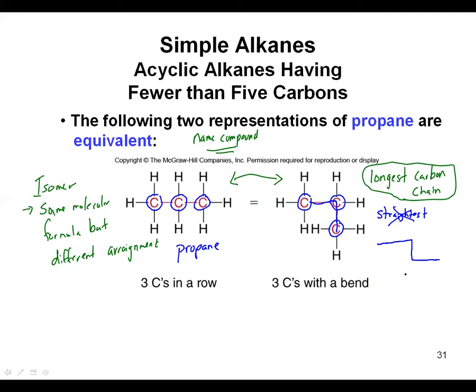You can't go down and then come back up and go backwards and then go this way. You can go in one direction until you hit a stopping point. So even though this may look different to you, this is also still propane. It's just drawn with a bend. It's the exact same thing.